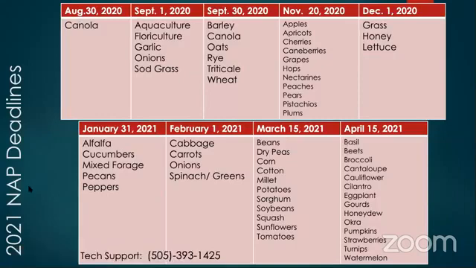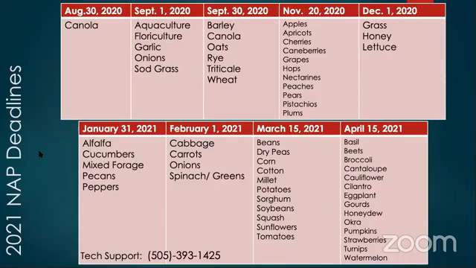This is a list of all of the crops that we can cover under the NAP program. Unfortunately, April 15th was our last deadline for the 2020 coverage year, if you will. So these are all the deadlines to get coverage for the 2021 growing year. For any of you that might be planting any types of fruits and vegetables, I always stress that, because fruits and vegetables tend to be a lot more costly to grow and raise than some of our other crops.